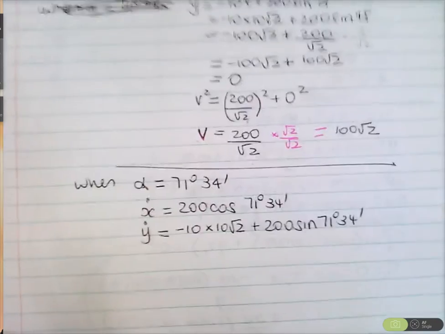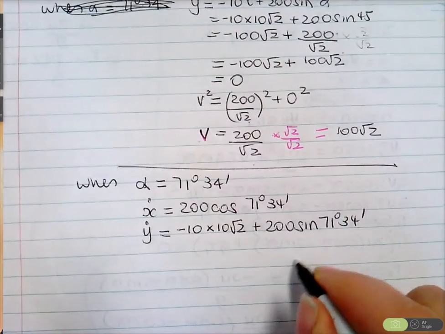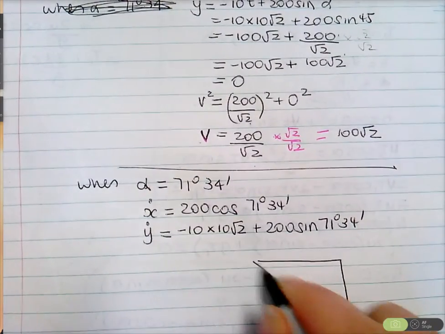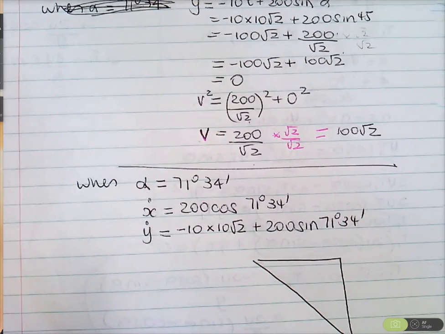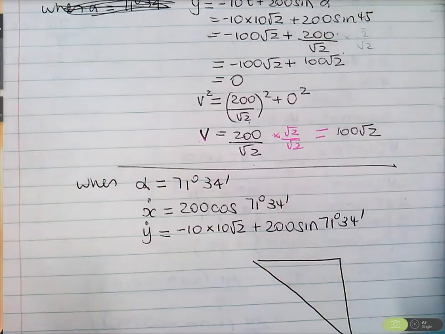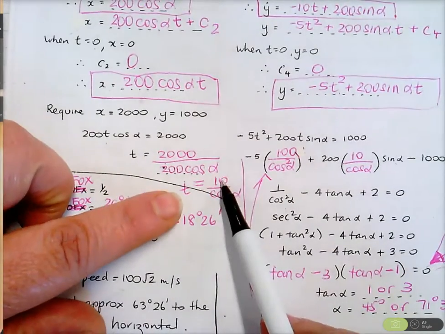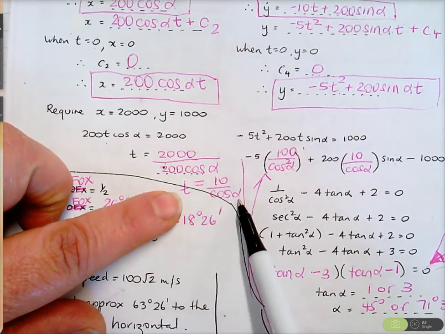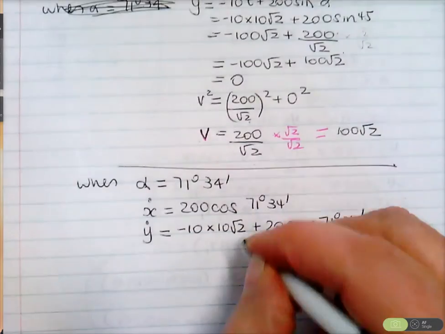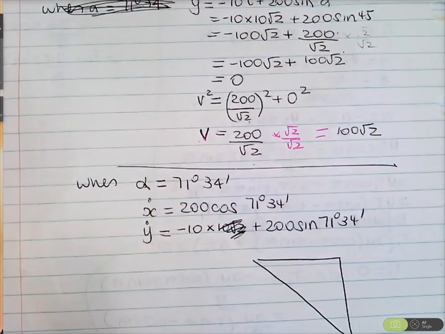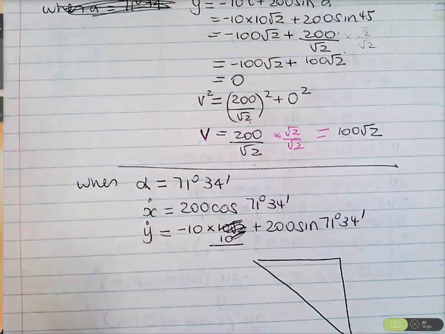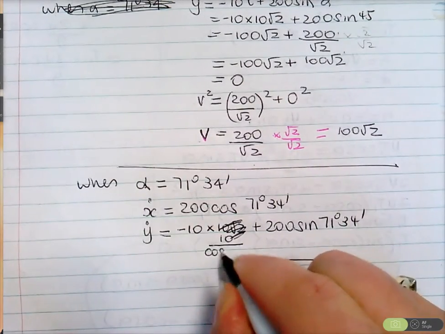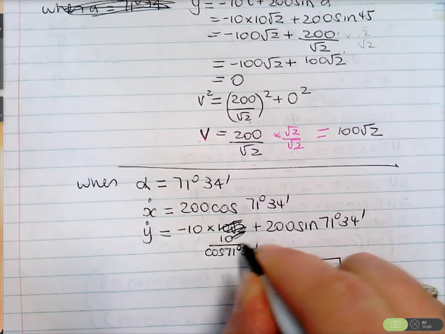I just want to see what we get here. Oh, no, it is not 10 root 2, because when we put in 10 over cos alpha, it's 10 over cos 71 degrees, 34 minutes.